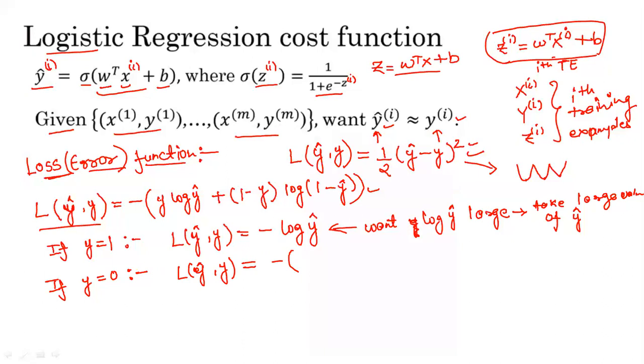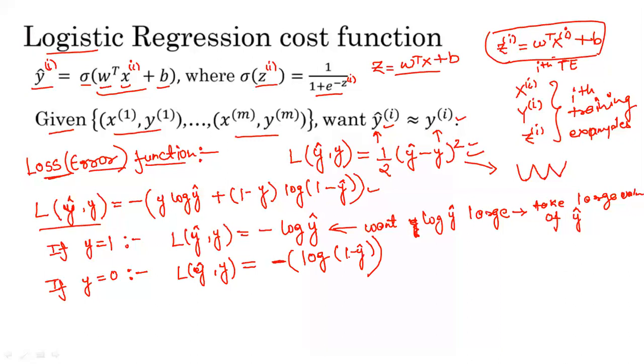This y will become 0, and 0 multiplied by this makes the whole term 0, plus 1 minus 0, which becomes 1, and ultimately we are left with log of 1 minus y hat. And a minus sign has to be remembered in the front.